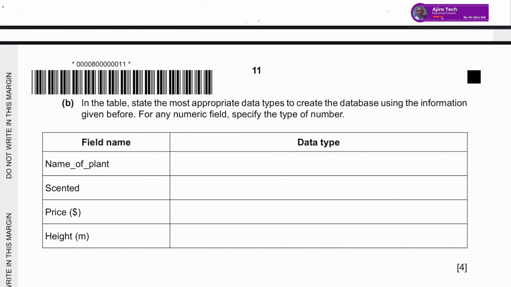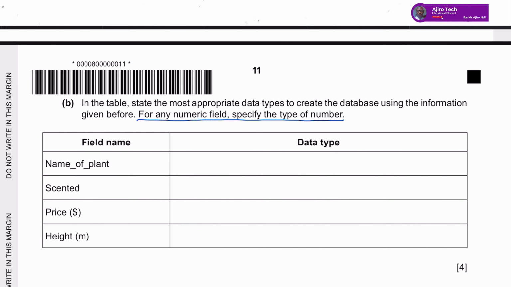When we talk about data types, this refers to the type of data that should go into a field. Using the information given before, for any numeric field, specify the type of number.